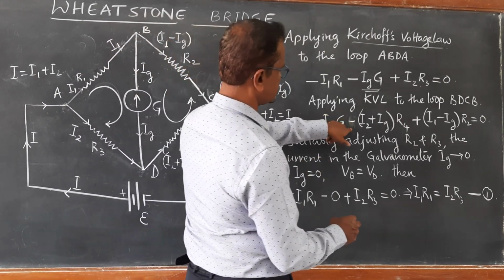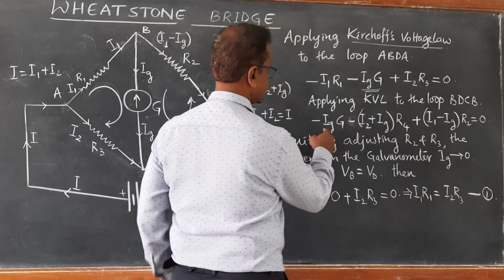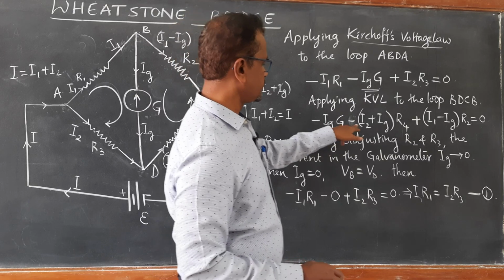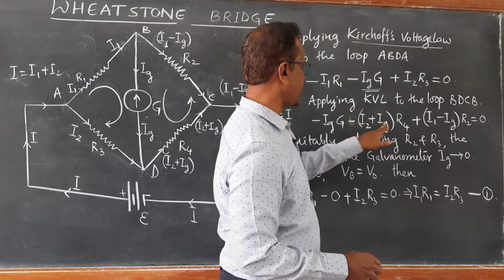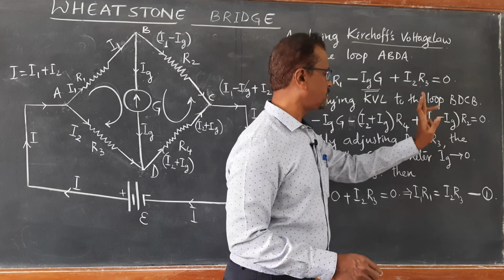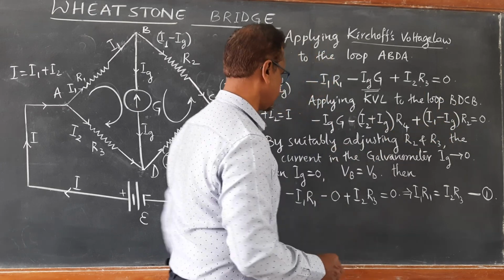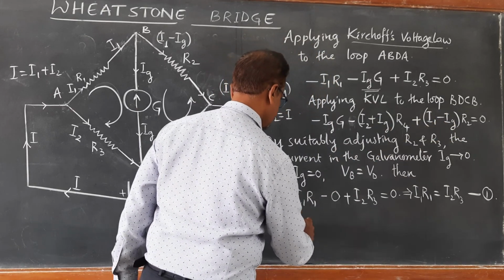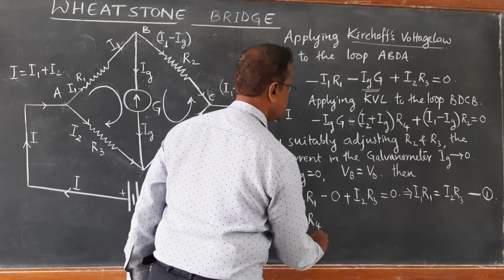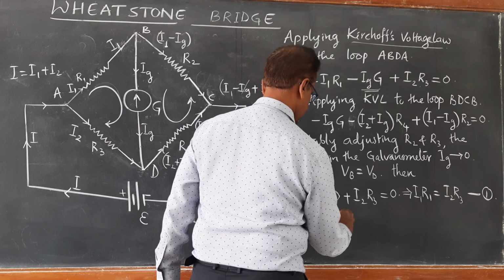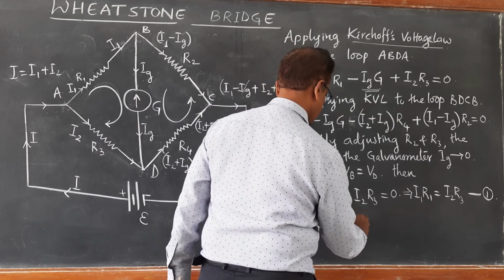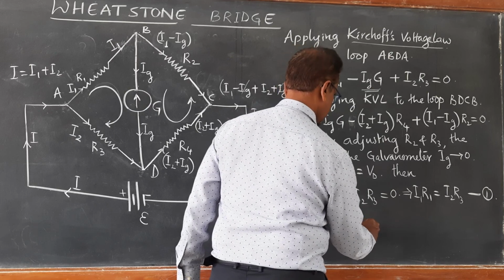Then what happens to this second equation? Look at this. IgG becomes 0. When IgG becomes 0, you will be left with minus I2 R4 plus I1 R2. Ig is 0 here. So you are left with minus I2 R4 plus I1 R2 equal to 0.